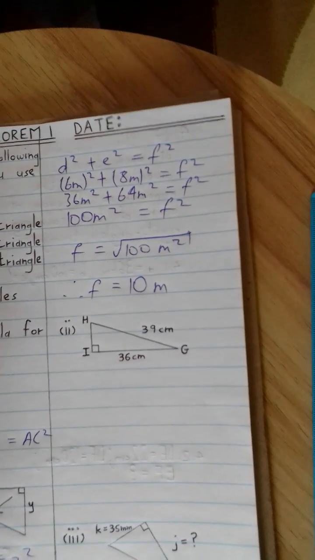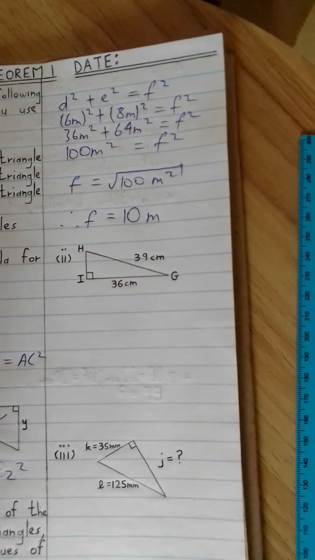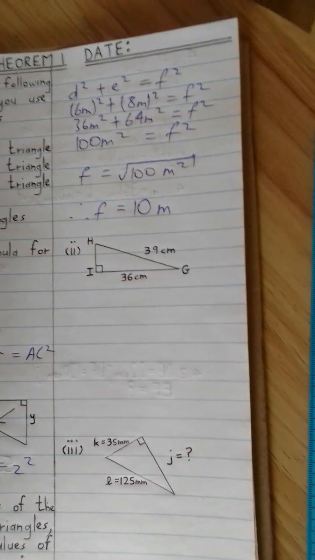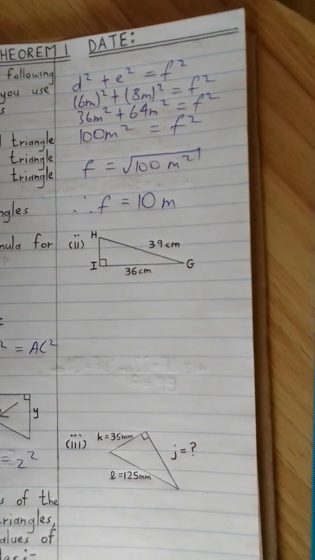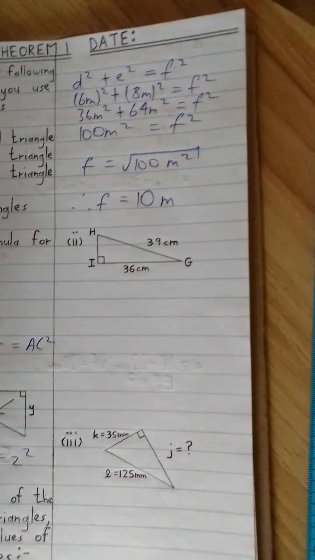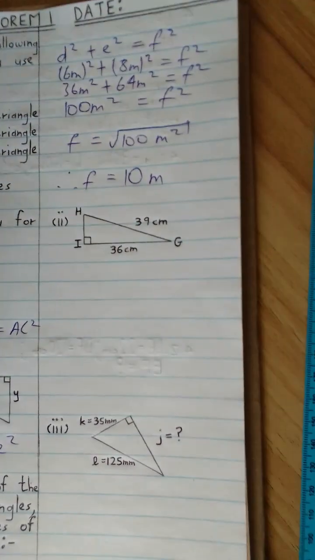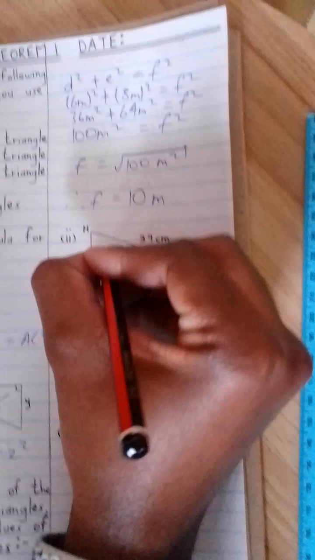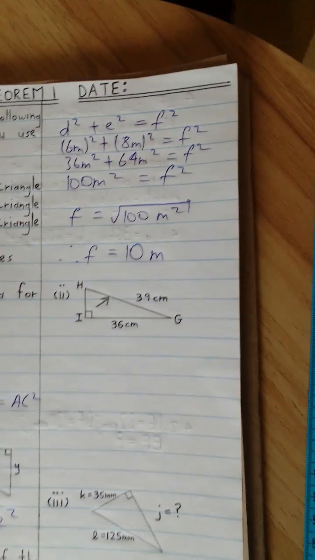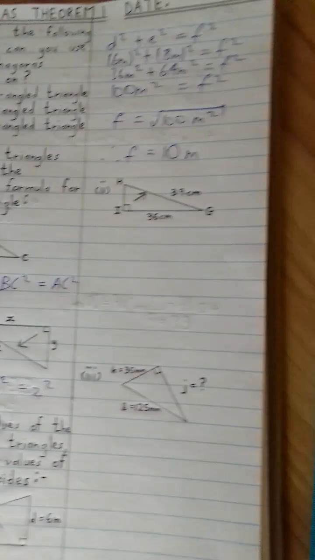Then we have triangle GHI, right? So we have GH, which is 39 meters, GI, which is 36 meters. We don't have HI. So as usual, we know that GH is the hypotenuse.